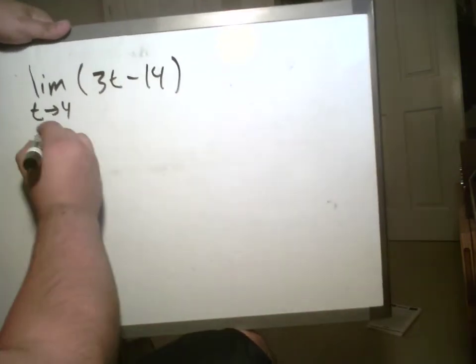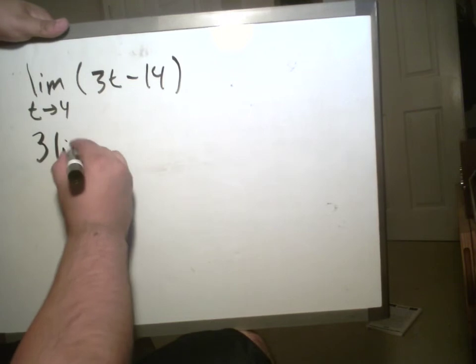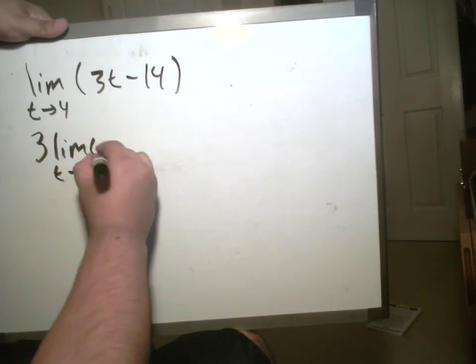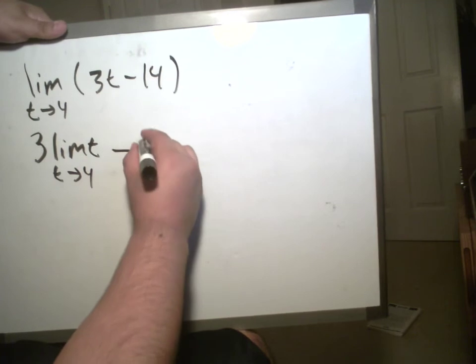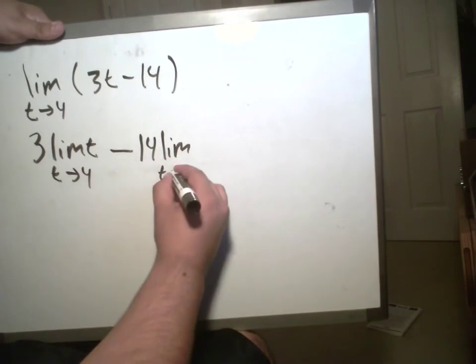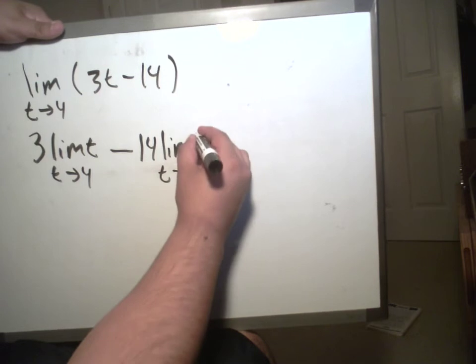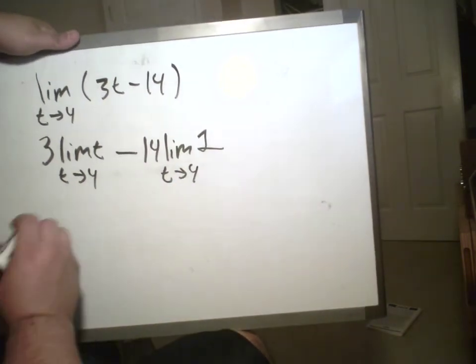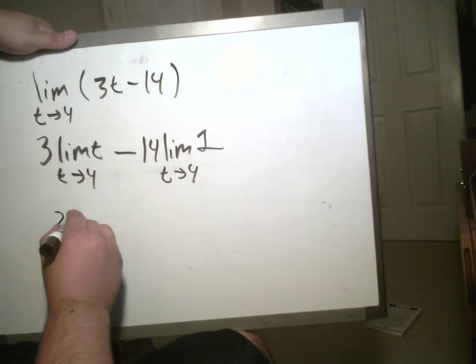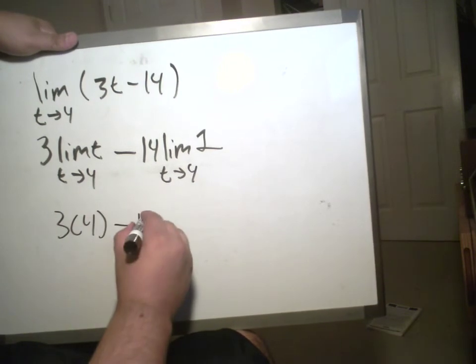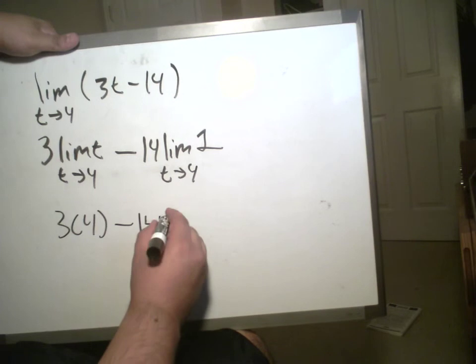So we're going to bring the 3 out front. I'm going to rewrite the limit as t goes to 4 of t minus 14 times the limit as t goes to 4. Like I said, if it bothers you, you can always put a 1, but you don't have to. So we're going to plug the 4 into the t. So we're going to say 3 times 4 minus 14 times 1.